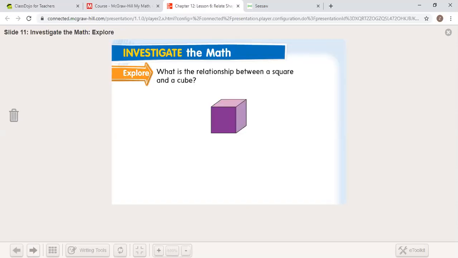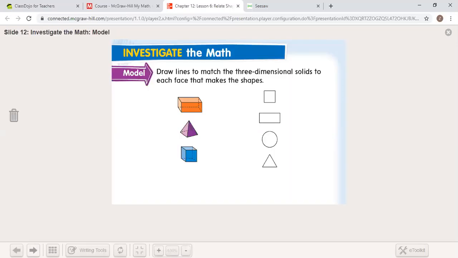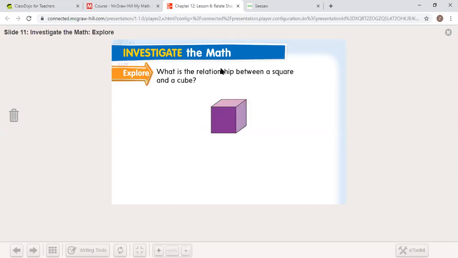What is the relationship between a square and a cube? We know a square is 2-dimensional and a cube is 3-dimensional, but what is the relationship between them? All right. So the relationship between a square and a cube is squares make the faces of the cube.